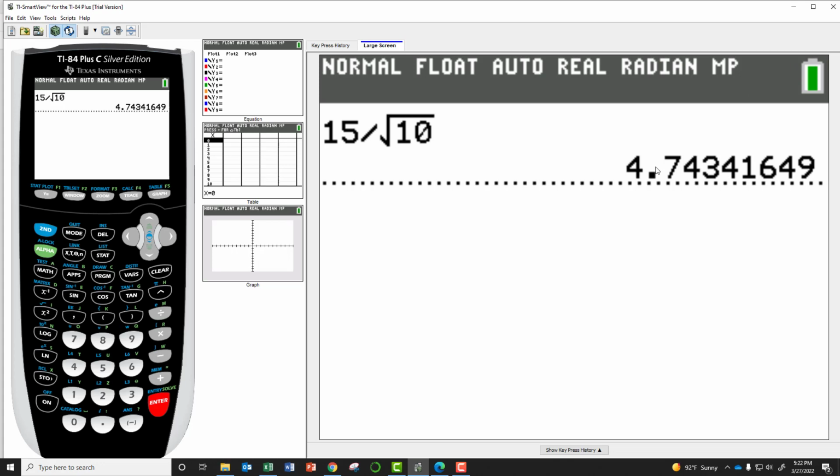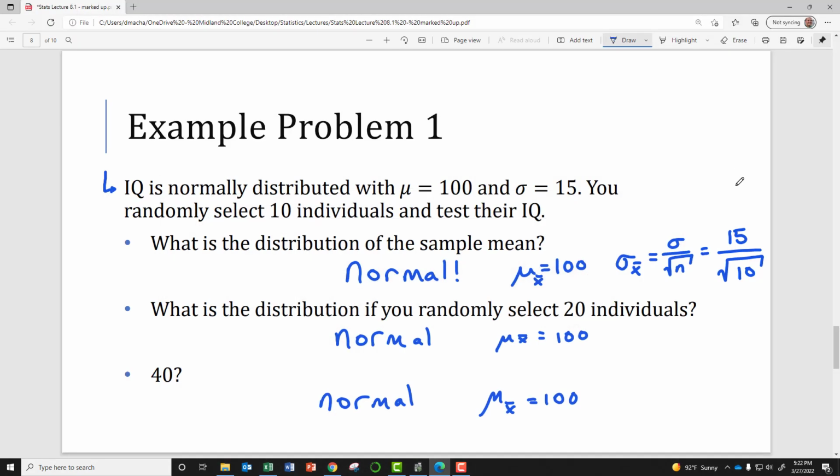Sure enough, we're a little bit less than 5 at about 4.74. So this standard deviation of the sampling distribution is going to be 4.74.